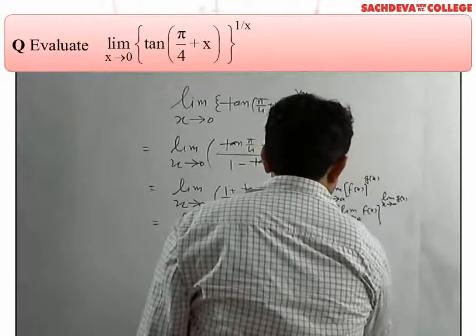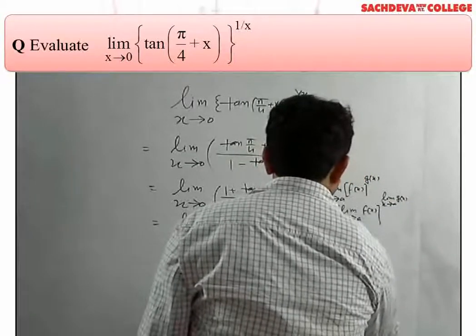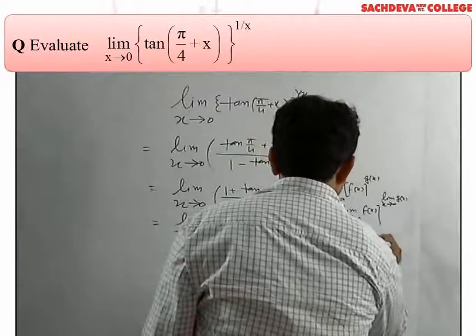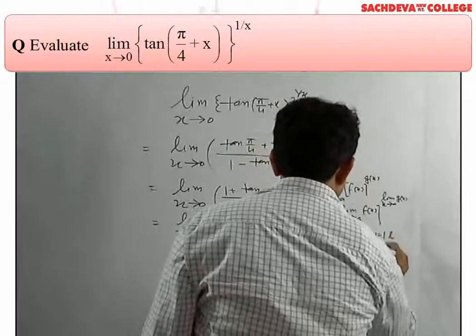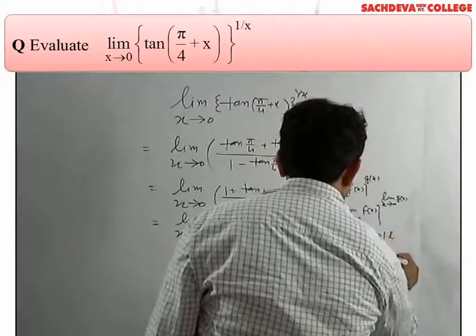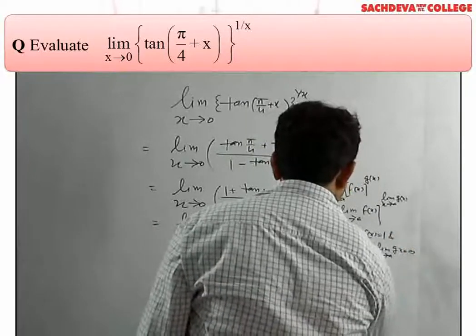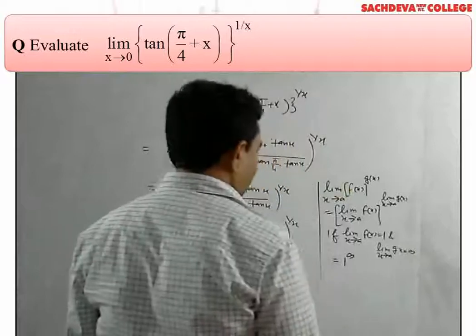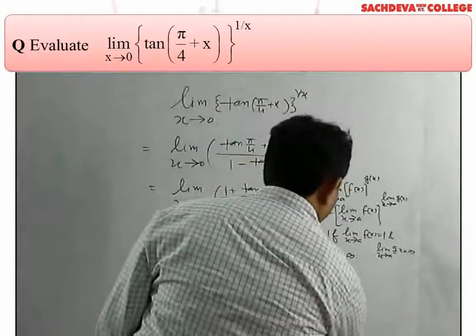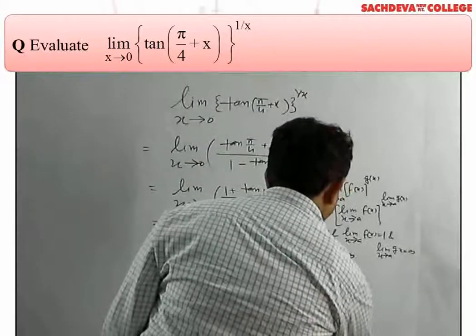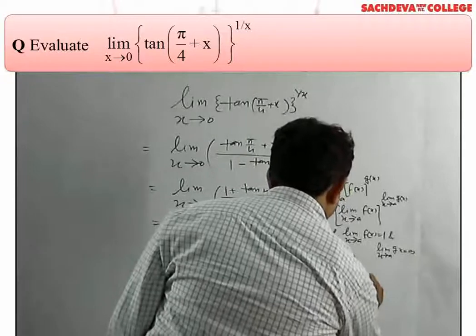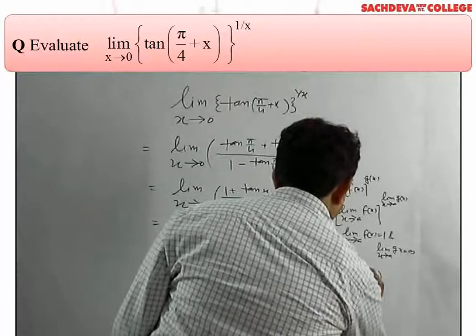If limit x tends to a f(x) is equal to 1 and limit x tends to a g(x) is equal to infinity, this will be 1 to the power infinity form. So the solution of this type of problem is e to the power limit x tends to a (f(x) minus 1) into g(x).